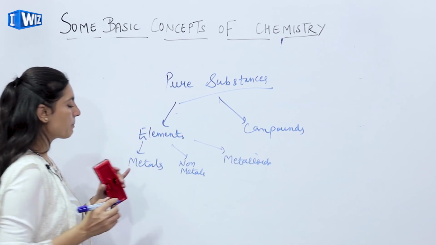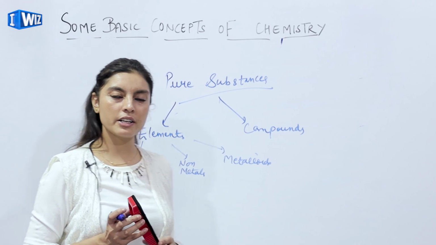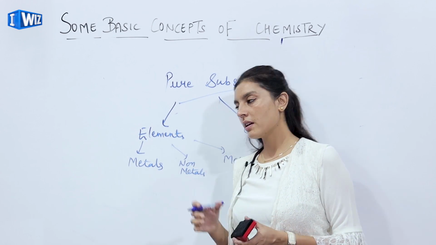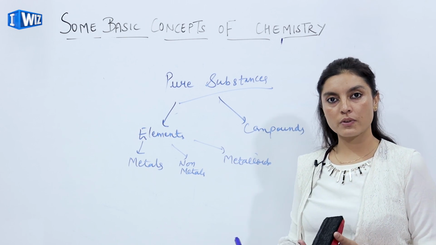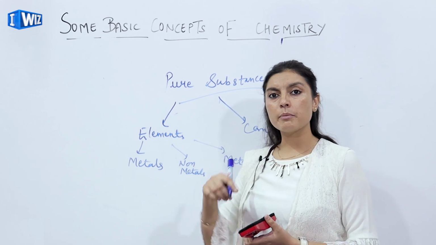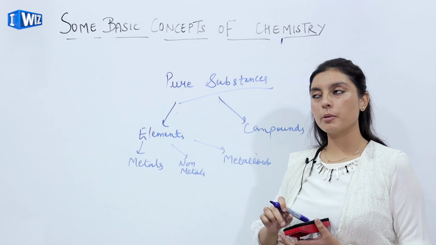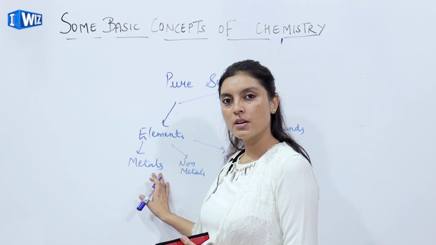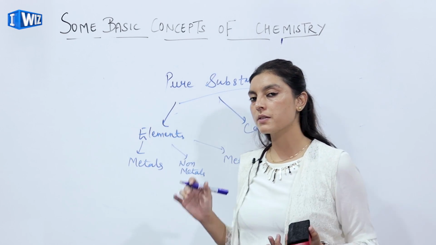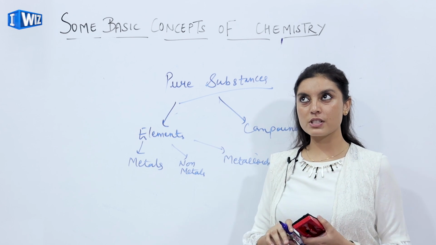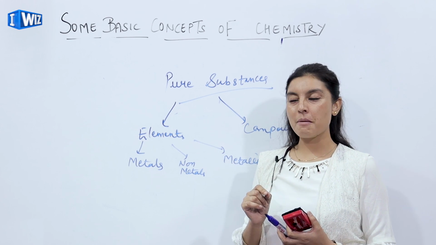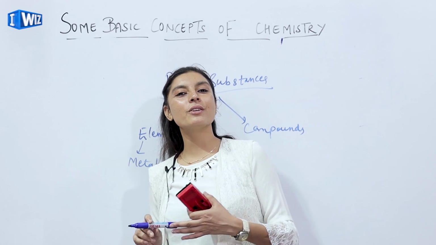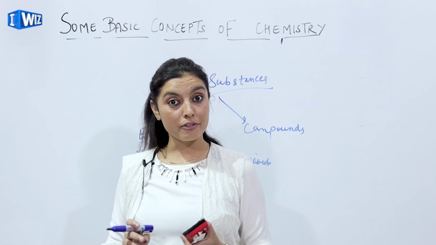So when I talk about the metal, we use metals in our day-to-day life. For example, any iron rod which we are using, or aluminium foil used to wrap our food, that is also a metal. So what can we say about metals from this? Metal has a shining luster. Metal is a good conductor of electricity.